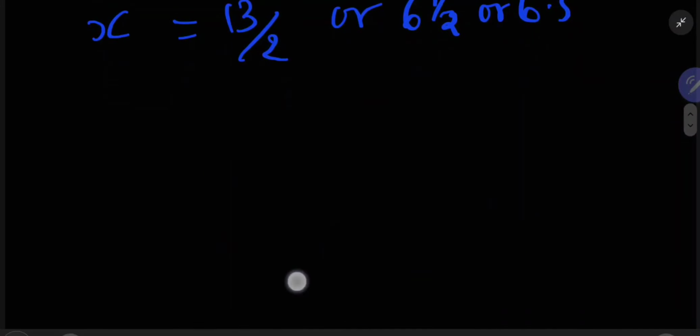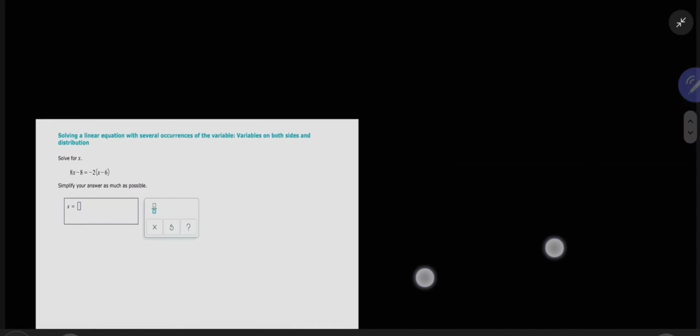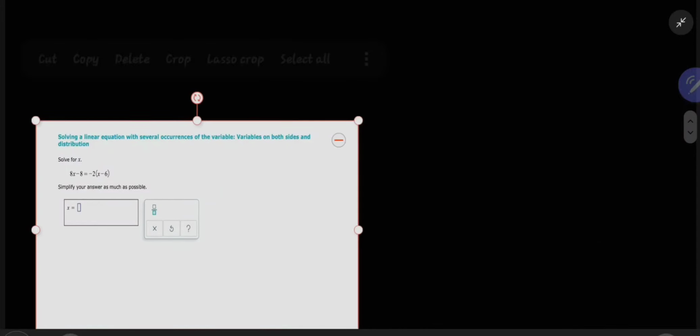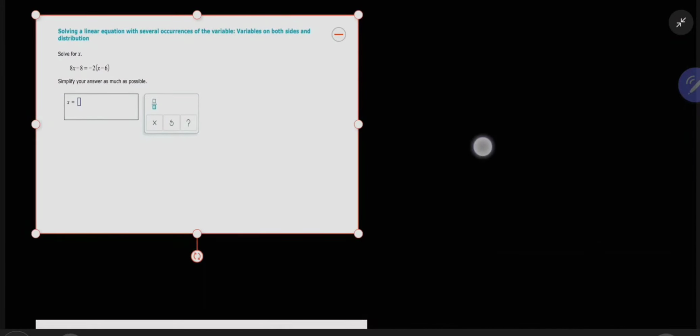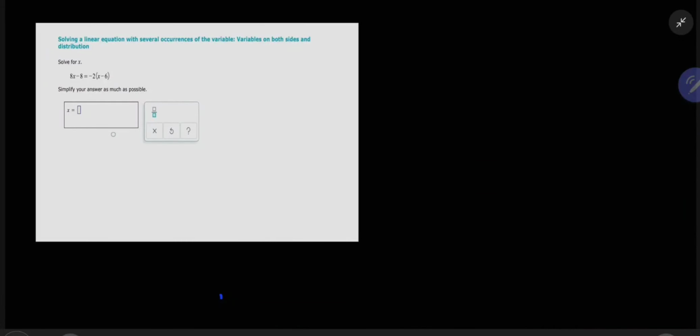So I'm going to pull up an example. Let's work on this for a moment. We want to solve for 8x minus 8 equals minus 2 in bracket x minus 6.